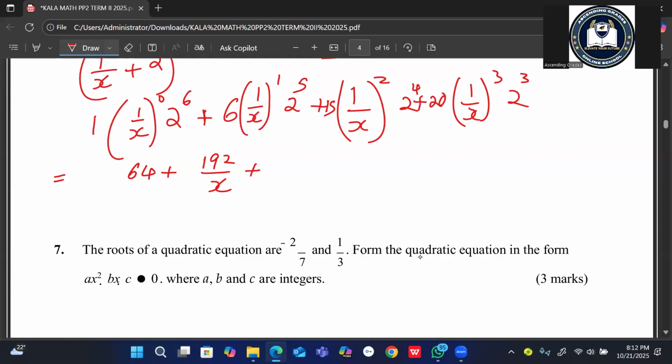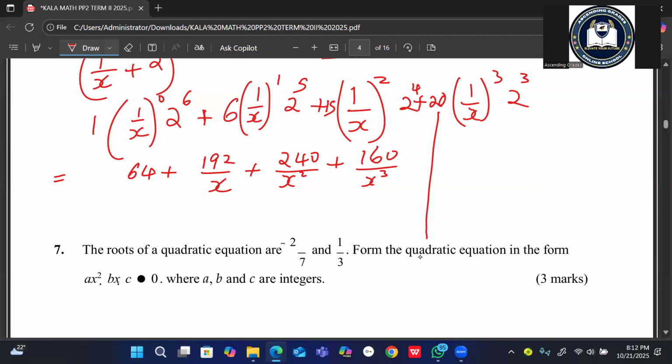So 15 times 16 gives you 240 over x squared, then plus 1 over x cubed, 2 power 3 is the same as 8. 8 times 20 is 160 over x power 3. So that is one of the answers.